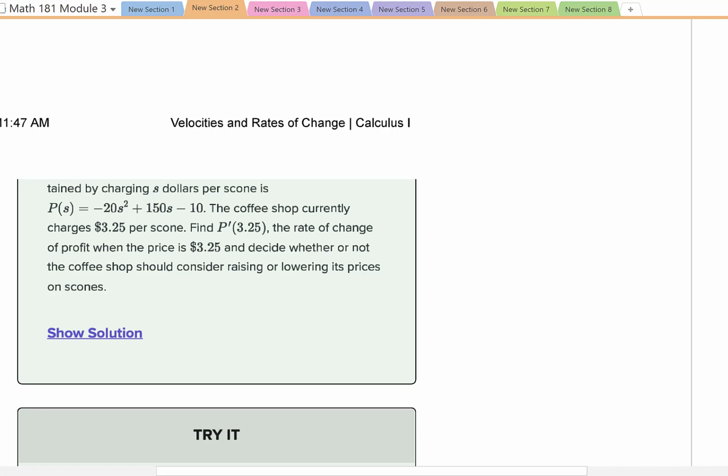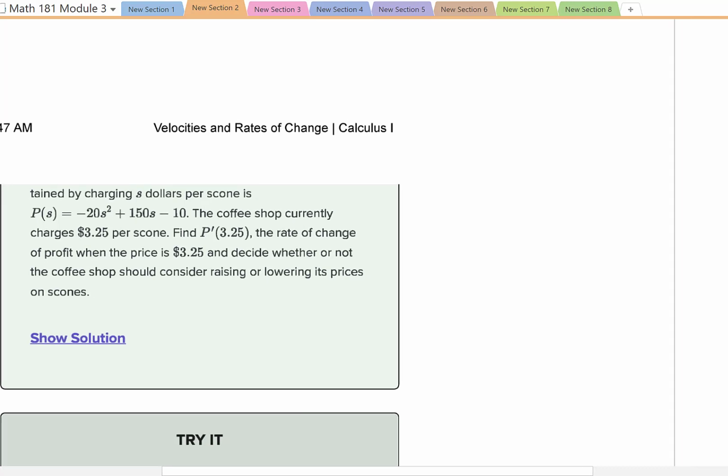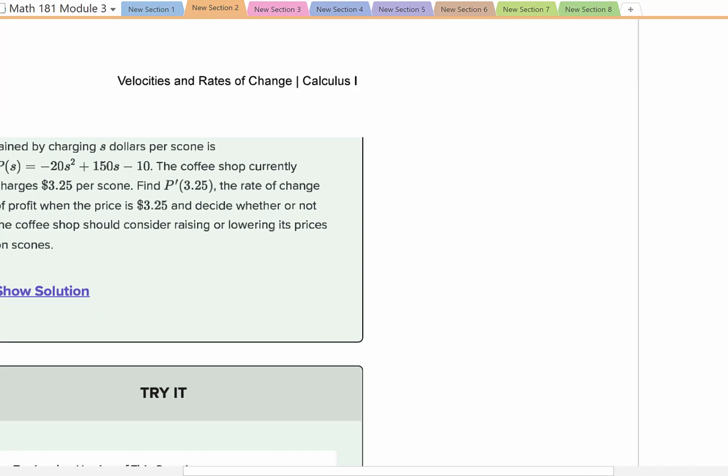So let's go forward. Same process, the limit as s approaches 3.25 of P of s minus P of 3.25 over s minus 3.25.